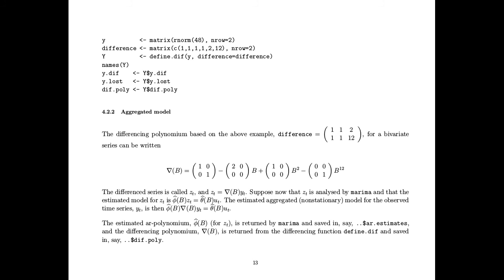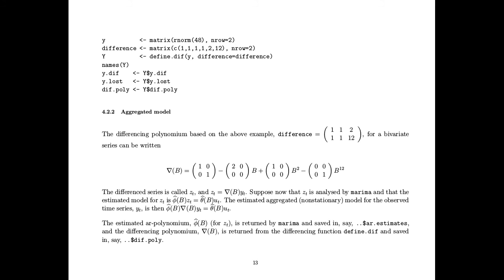Just like in the univariate case, we get an AR polynomial that is made on zt, but that's the same as what we have over here.